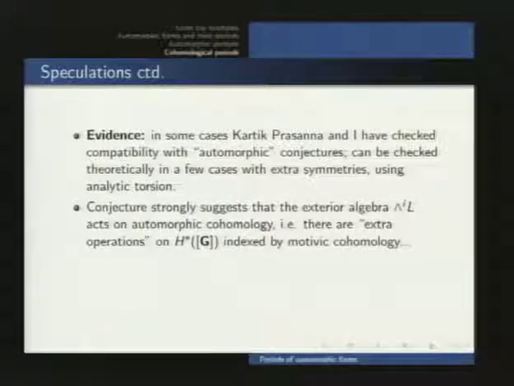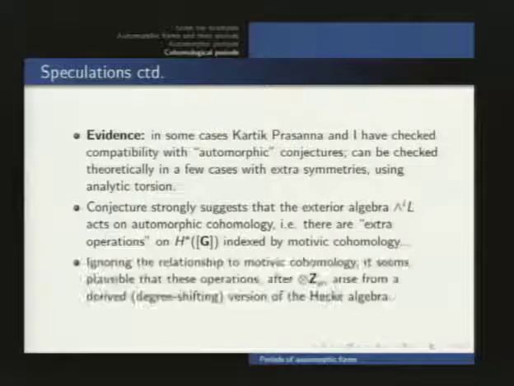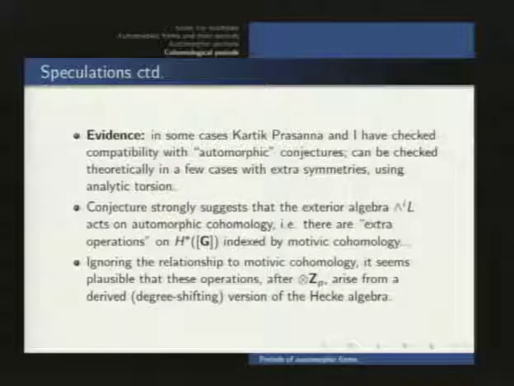I mean, those two things live in different worlds. But if you ignore the relationship to motivic cohomology, one can think of a natural candidate for what these extra operations are: the usual Hecke algebra acts on cohomology, but you can also look at a slightly more derived version, and then it'll act on cohomology shifting degrees. And it's plausible, I don't know, but it's plausible that this accounts for these extra degree-shifting operations.